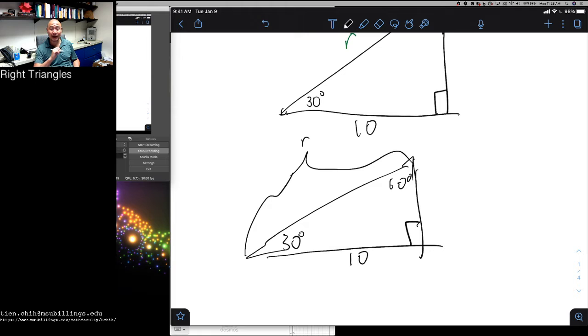But what we know about not just right triangles but similar triangles in general is that you can have two triangles that aren't the same size, but if they're the same shape, then everything about them has to be in proportion and in ratios. So if I had a 30, 60, 90 degree triangle whose base was 100 units long instead of 10, then everything would be 10 times bigger.